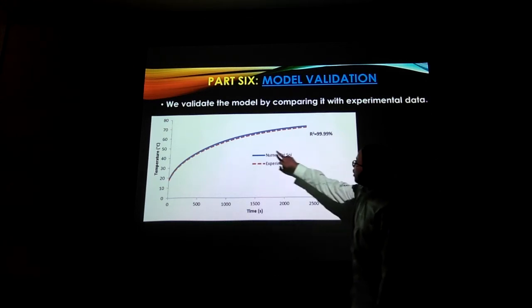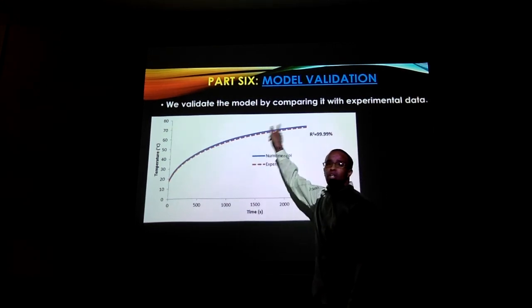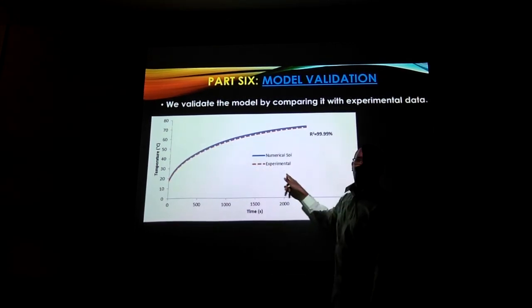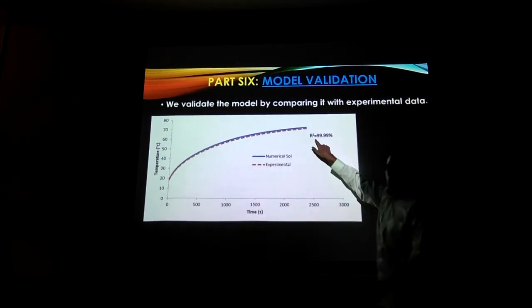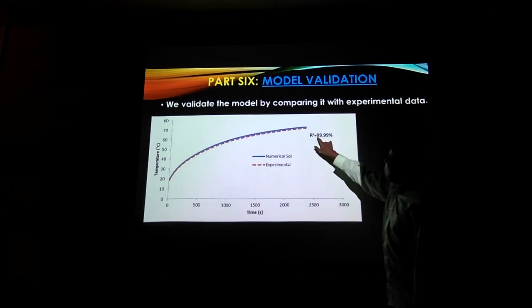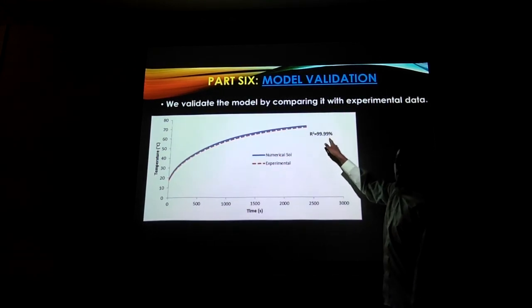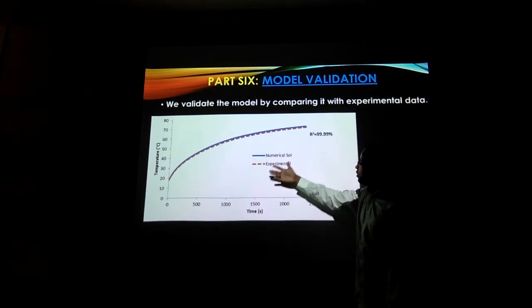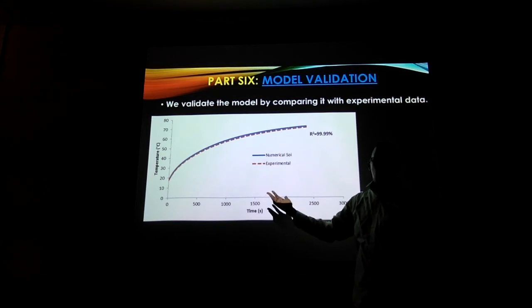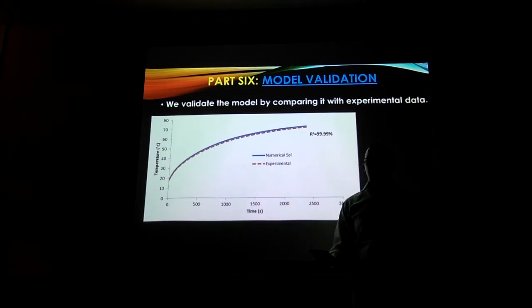We've got the blue one, which is your numerical solution, what MATLAB predicted, and you've got your experimental data. And look, I think this is what you were talking about, brother. Your R squared is 99.999%. So that tells us the difference is very, very small. Therefore, our model is really good.